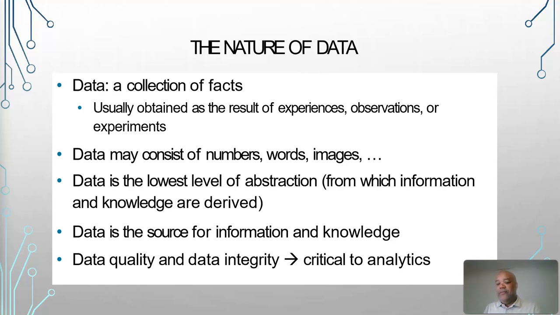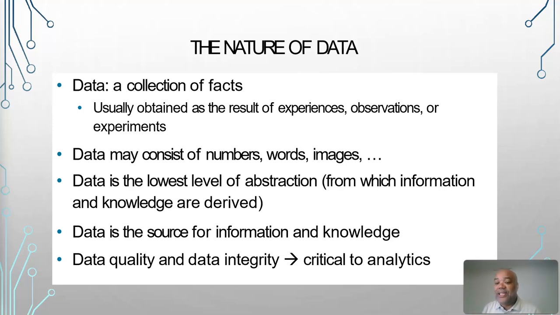Data can come in many forms. It can be numbers, words, or even images that's collected through experiences, observations, experiments. For example, in the real world, think of data collected from weather sensors like temperature, wind speed, or rainfall, which meteorologists would use to make weather forecasts.